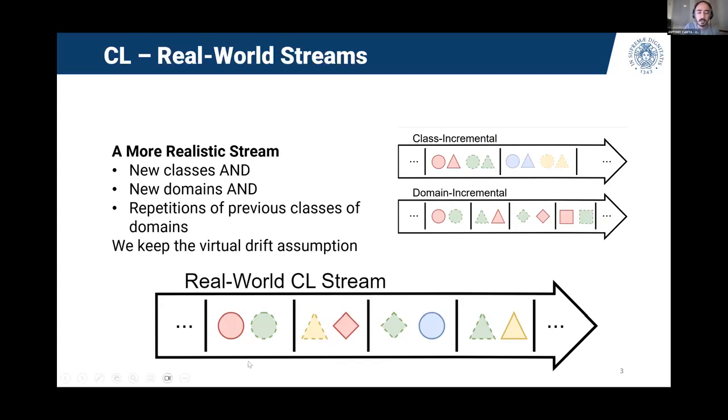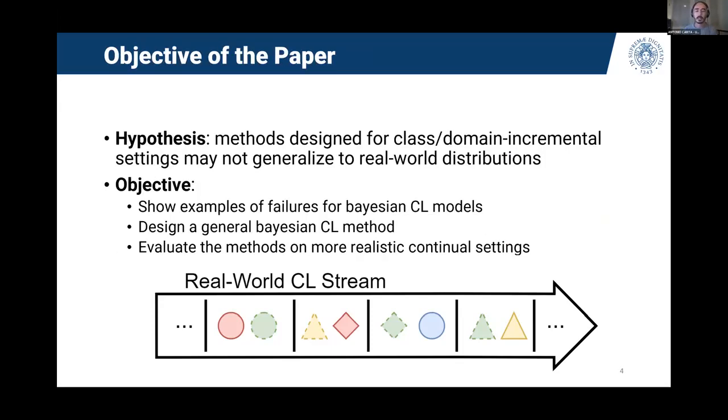Like you can see an example here where we see the green class, we see different domains over time, and then this yellow triangle which we see again multiple times. So it's also a form of natural rehearsal, which is very useful. In theory, since we have this natural rehearsal, the problem should be easier to solve. But actually, we argue that there are many methods that are designed for class incremental settings that don't even generalize to this easier setting.